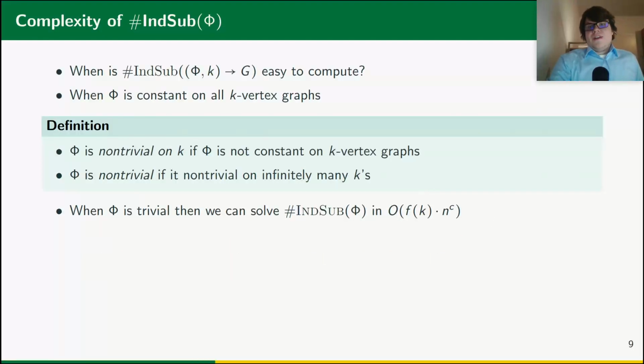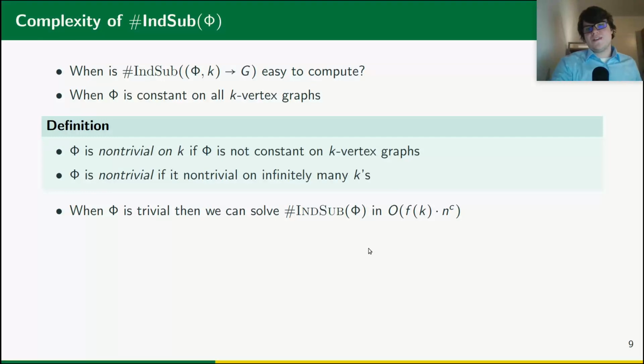So when is the problem #Sub(phi) actually easy? The problem #Sub(phi) is quite easy if the function phi is just constant on k-vertex graphs, because in this case, this basically means that the output is either 0 if the function phi is constant 0, or it's just n choose k if phi is constantly true.